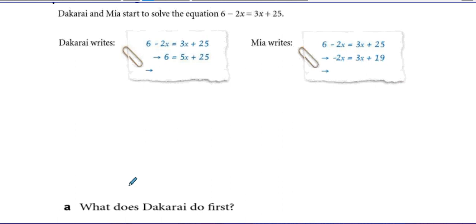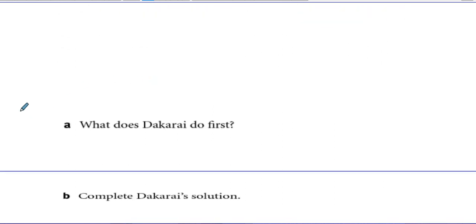Oh, okay, so it means Dakarai has shifted the number with the letter to the right hand side, and because this is negative 2x, when it shifts to the right hand side it will be 3x plus 2x, and the answer will be 5x. Now question A, what does Dakarai do first?